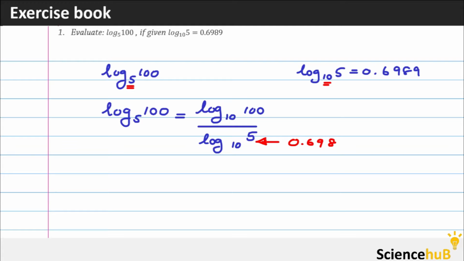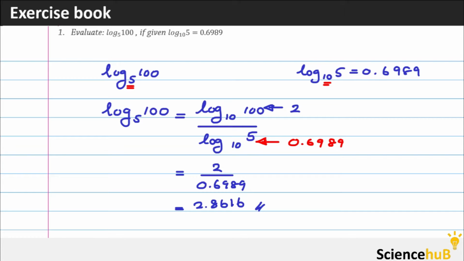What is the value? 0.6989. This is what you already know. What is the value of log 100 base 10? It is 2. Now the answer is 2 divided by 0.6989. I have used my calculator and the answer is 2.8616.